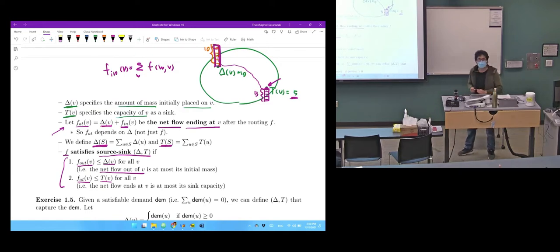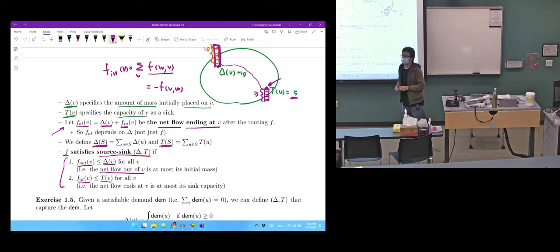So is this not following the old rule that F of WV has to equal minus F of VW? We still have that F of WV is equal to minus F of VW. We always have this. The first condition is just that F at V is at least 0.